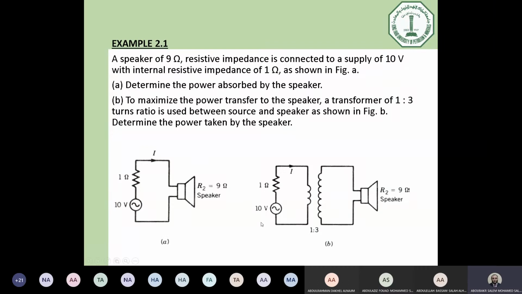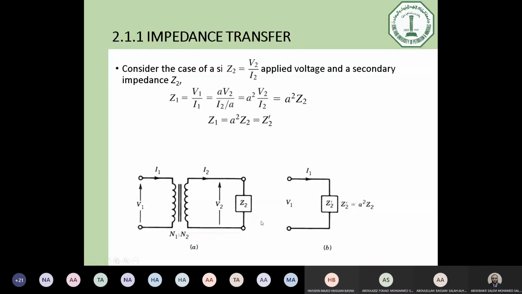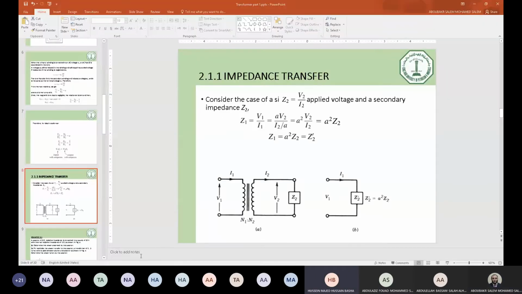Yes, doctor, but there is a question. Go ahead. This transformer is an ideal, right? This is for ideal transformer now. Okay, so this case is only for ideal, not for non-ideal. No, just a moment. Transferring impedance applies for all types of transformers. Okay? We are going to do the same for the actual transformer.